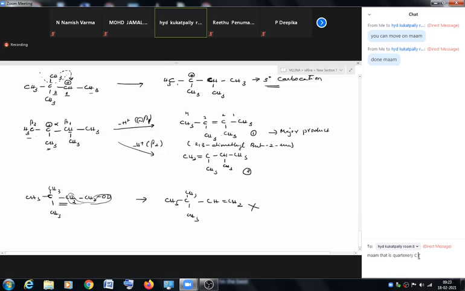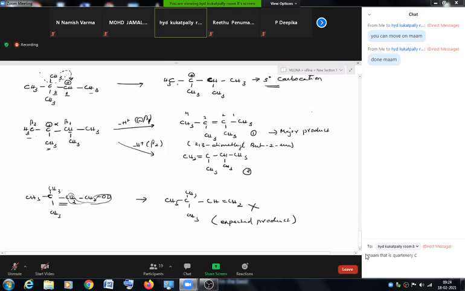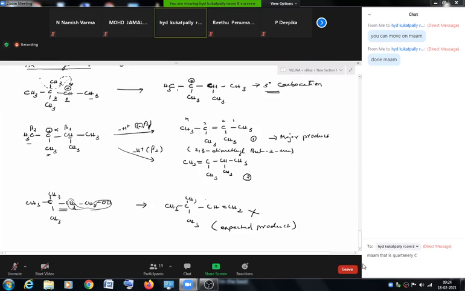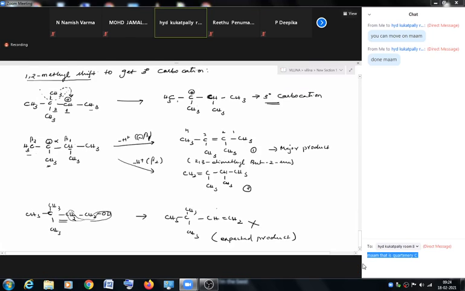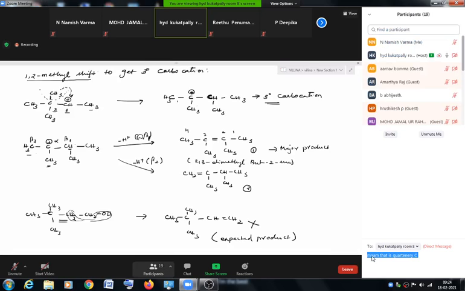So that is the exception here. This is what you expected as product by the removal of a water molecule, H and OH from the adjacent carbon atoms. But that's not happening here. There will be rearrangement in such a way that the intermediate formed, especially the carbocation, will attain a further stable carbocation state, and from there the most substituted alkene will be the major product.